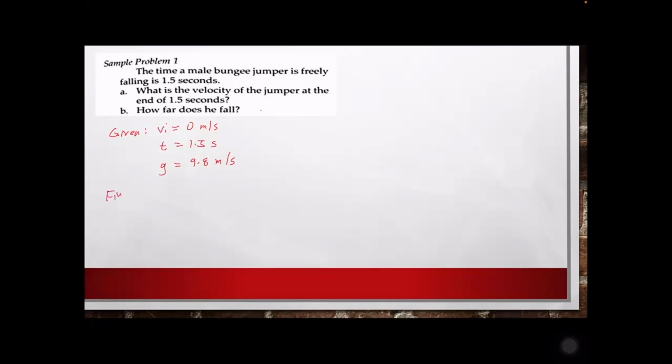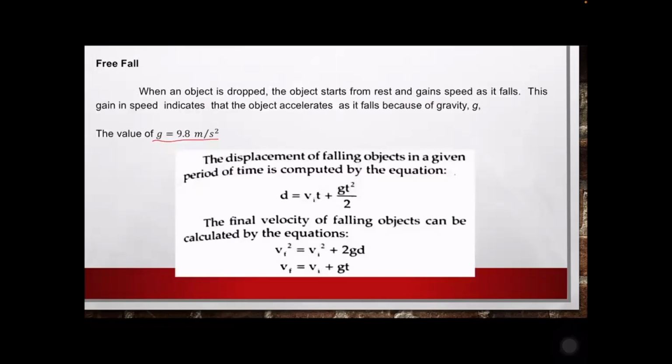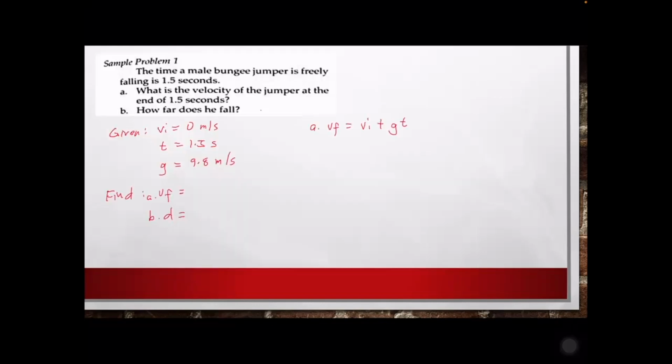So we need to find Vf, the final velocity, for letter A. For letter B, we need how far, which stands for D. To solve for letter A, Vf, the formula we're going to use is Vi plus GT. Why did we use that? Because the initial velocity, the time, and the gravity are given.